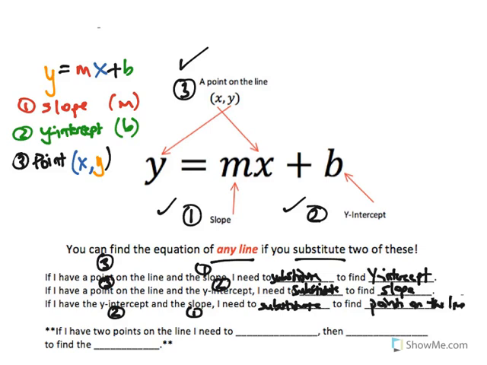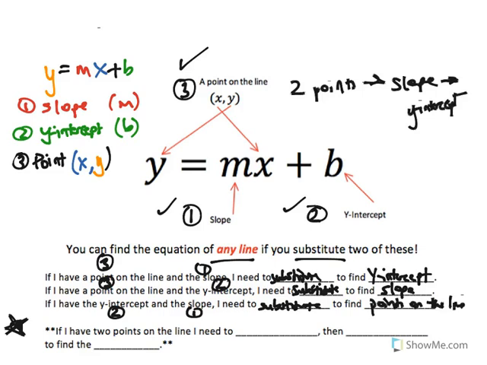So if I have 2 points on the line and nothing else, this is a special case. If I have 2 points on the line, I first need to find the slope, and then I can substitute the slope to find the y-intercept.